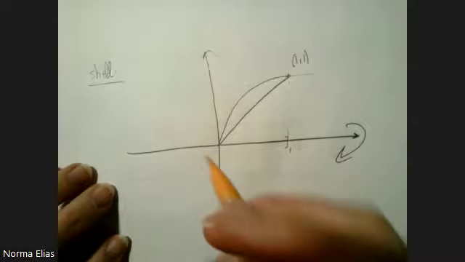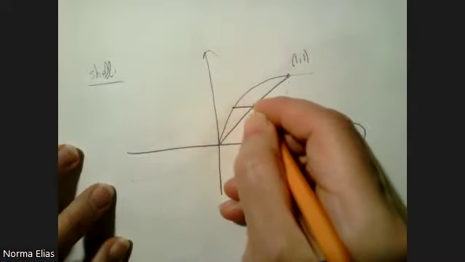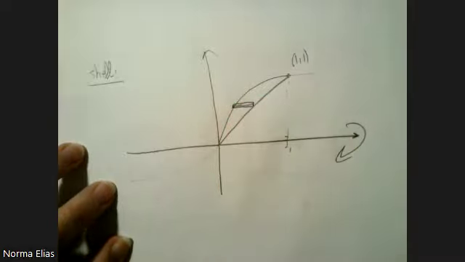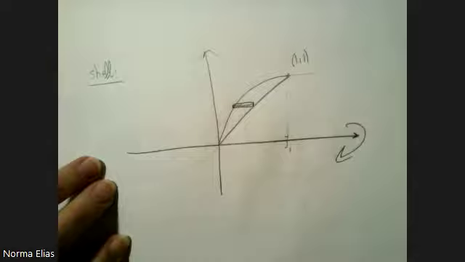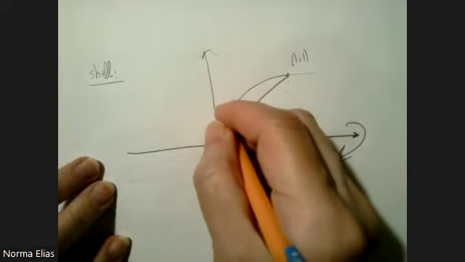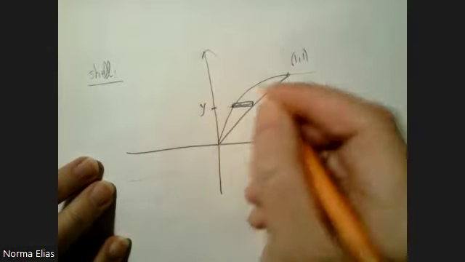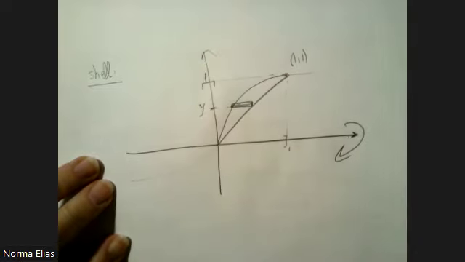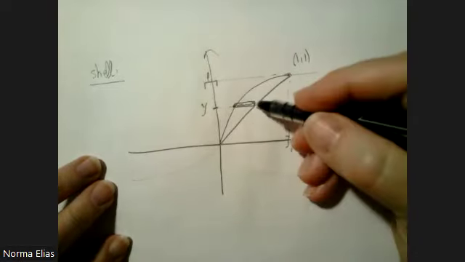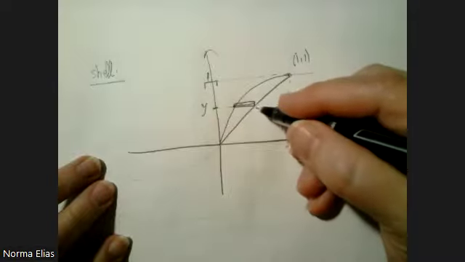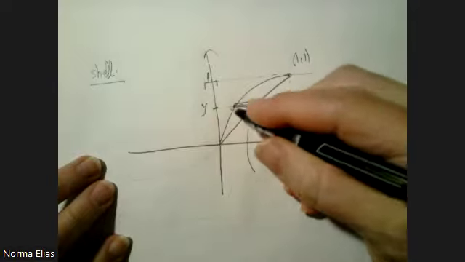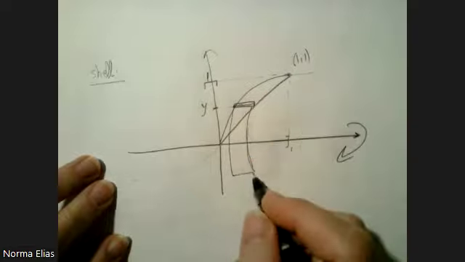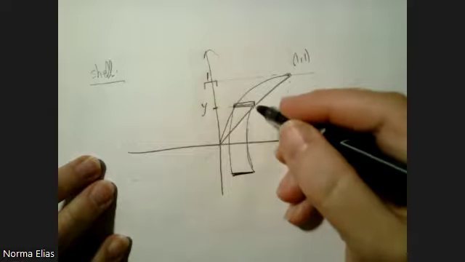Now, if I want the shell method, it means I need those slices parallel to the axis of rotation. So the minute I'm taking those slices, it means y is my variable. So now I am definitely interested in that number right here. Now, when I rotate this, even if you rotate it a little bit in your mind, you're not going to get a washer anymore. You're going to get basically a cylinder where the boundary of it is very, very thick.